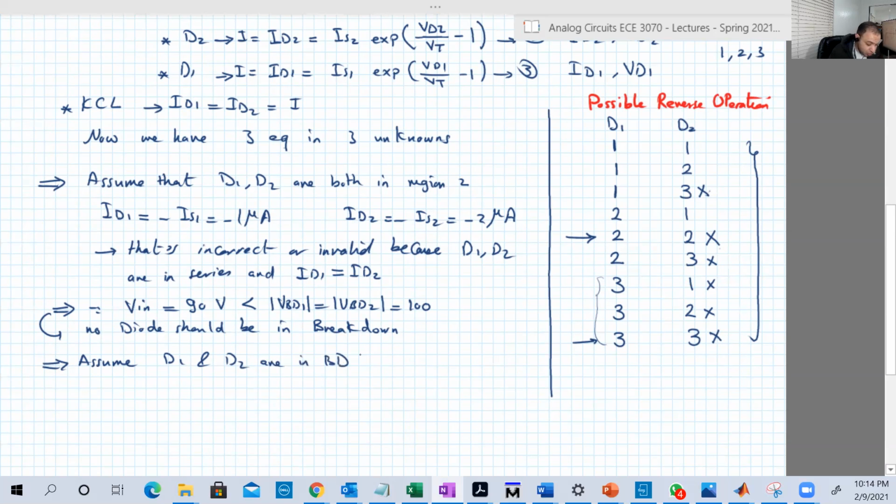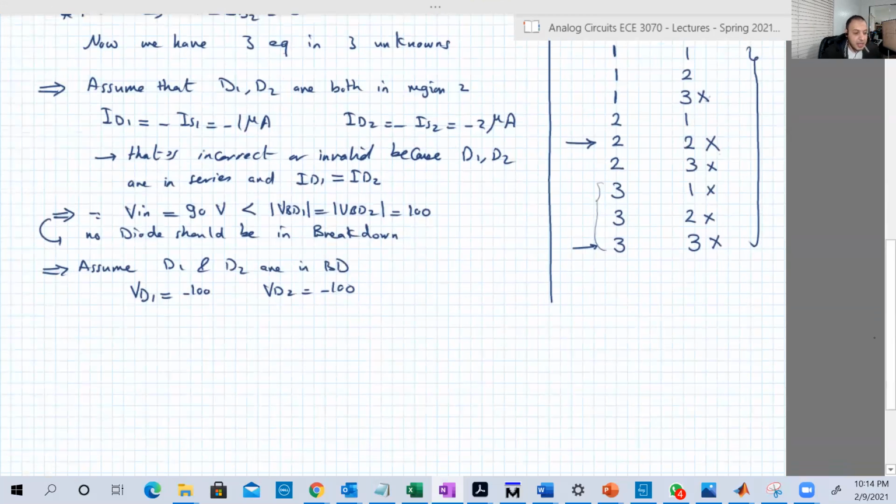If we assume so, which is this case here, VD1 is for sure minus 100, VD2 for sure minus 100. Let's do Kirchhoff voltage law. You know that V input plus VD1 plus VD2, if you look at the circuit, you'll find that all of them are in the same direction.